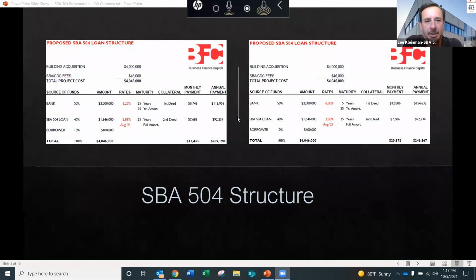You can see the first mortgage estimated at about 3.25, 25-year fixed. There's a 25-year amortization and a 25-year term. So this would be for a top tier, B+, A- or better type borrower. If you look at the one on the right, you'll see that the first mortgage rate is 6% and it's fixed for only 5 years.